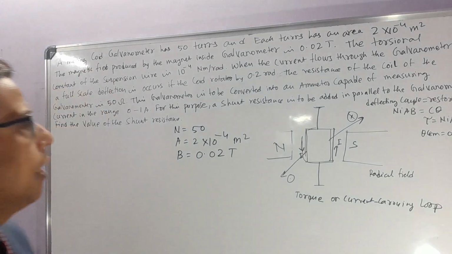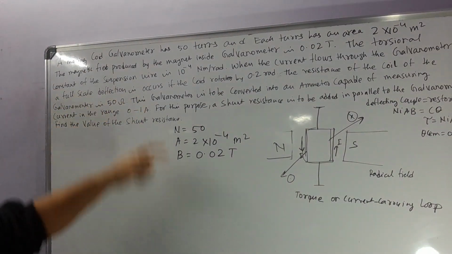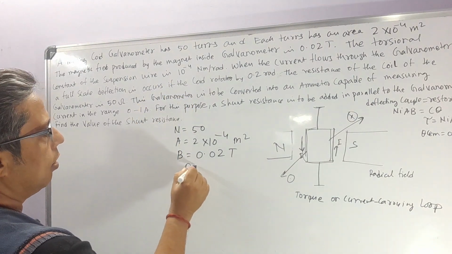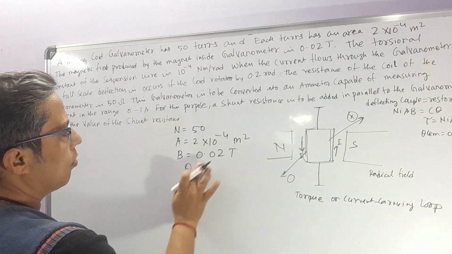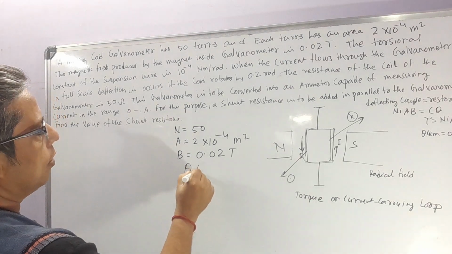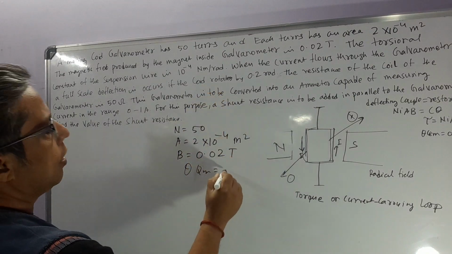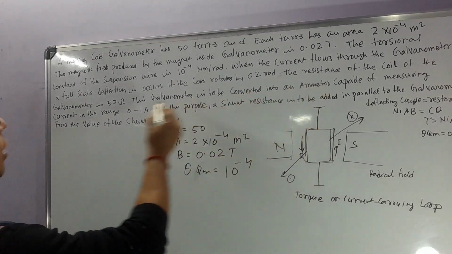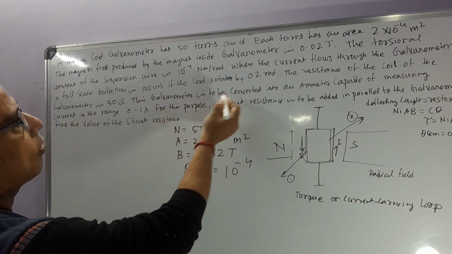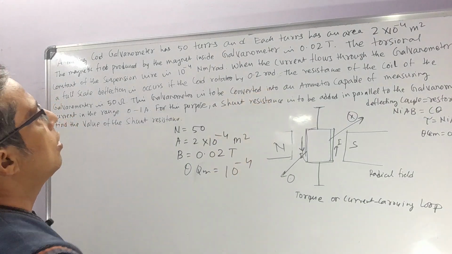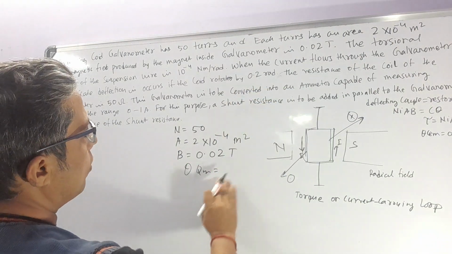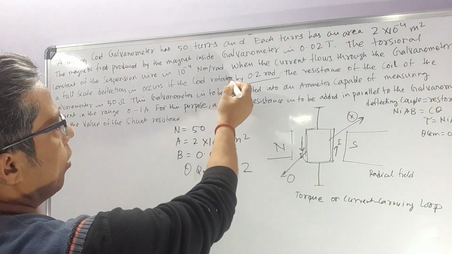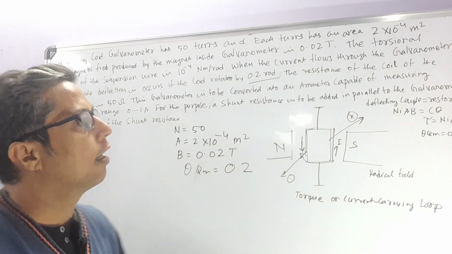Next is the torsional constant, whose value is 10 to the power minus 4. Now, when the current flows through the galvanometer, the full scale deflection occurs if the coil rotates 0.2 radian. That is the angular measurement, the rotation of the coil, the deflection theta.